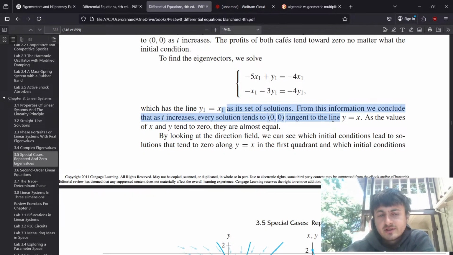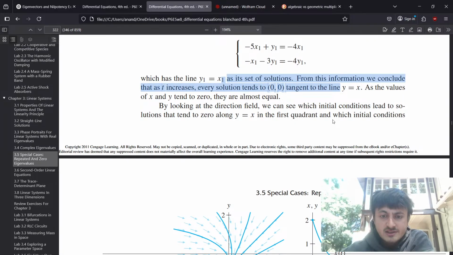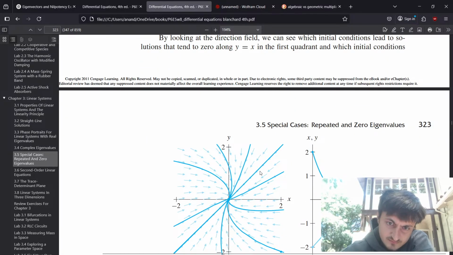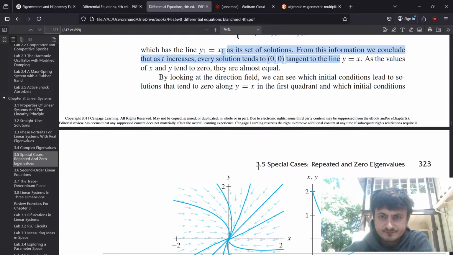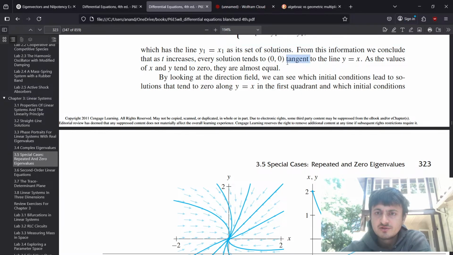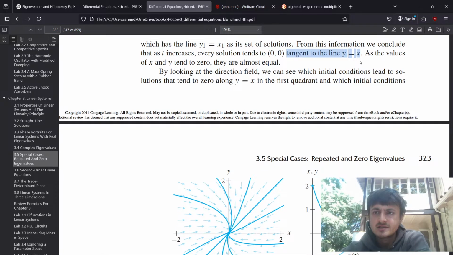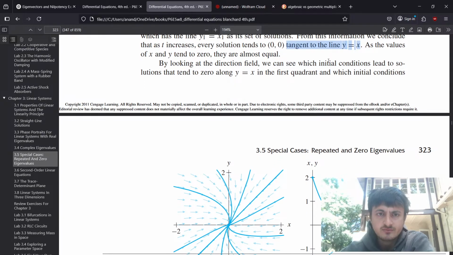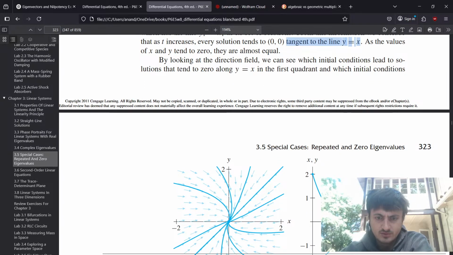From this information, we can conclude that as t increases, every solution tends to be tangent to y equals x. As these values of x and y tend to 0, they are almost equal.